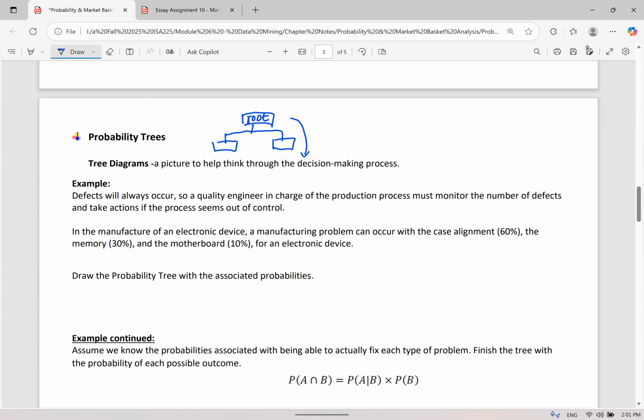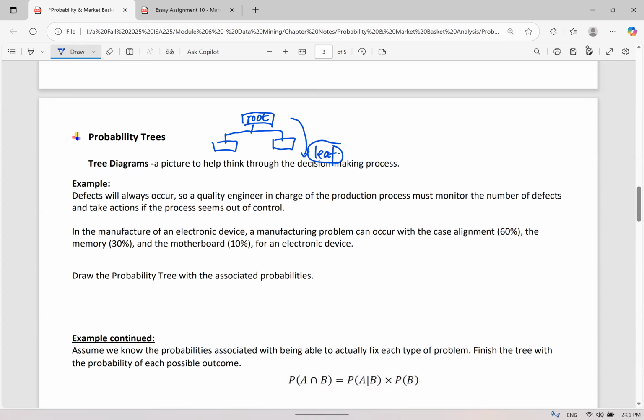Then we make the decision or the prediction based on the leaves. A probability tree is the same idea, but we draw the tree based on the probabilities.